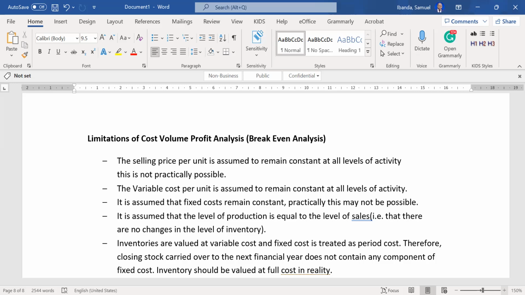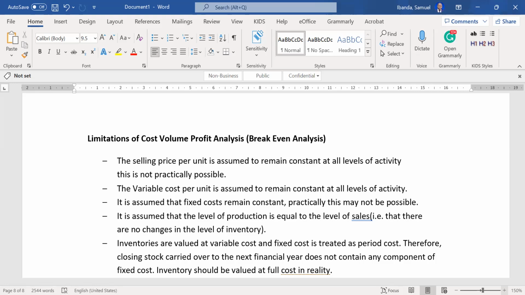So although your rent has always been 1 million, in the long run, you may need to increase this to 1.5. So this can also increase, but fixed costs are also subject to changes in the market prices. If today you're paying rent, the space is still the same, but the landlord has increased, the fixed cost has changed. So the CVP model assumes that these fixed costs will remain the same, which is not the case.